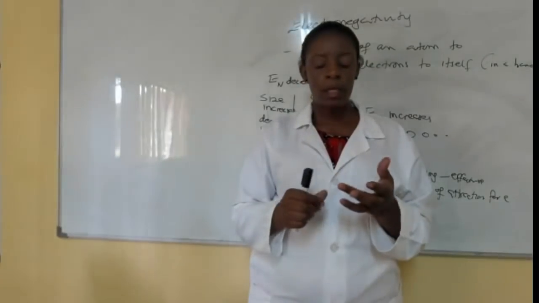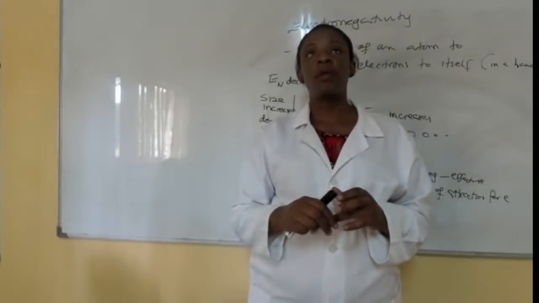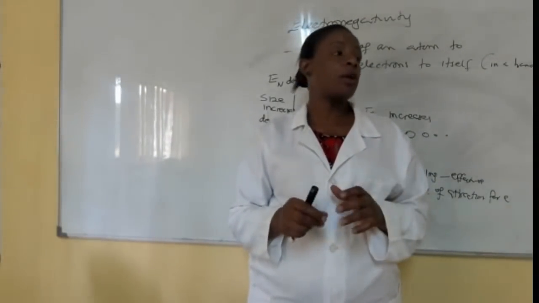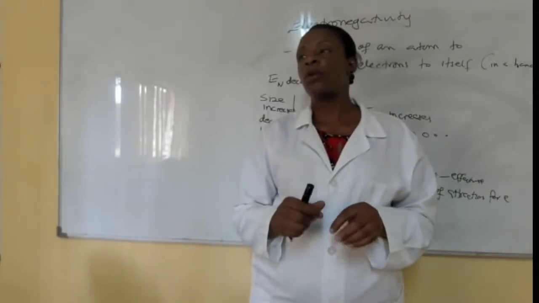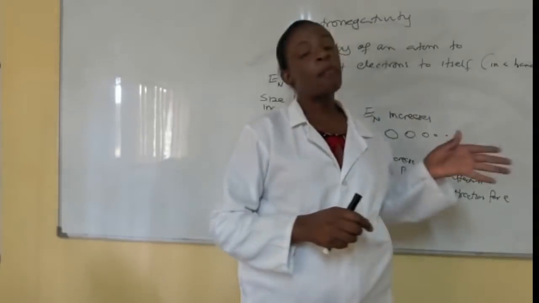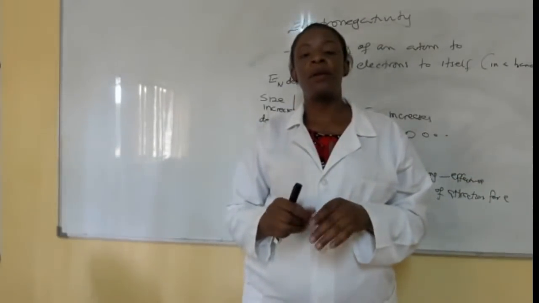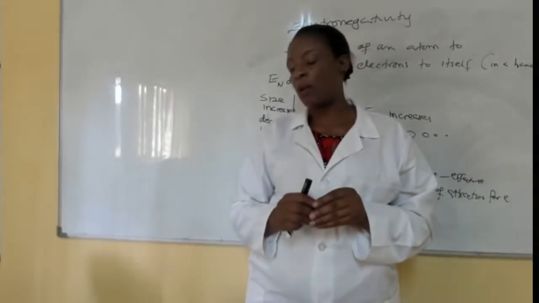So in this session, I was just trying to explain how you come up with electronic configuration and also how to explain the various periodic trends on the periodic table.